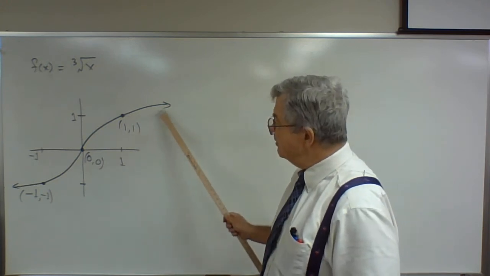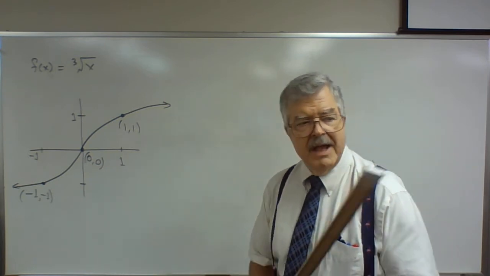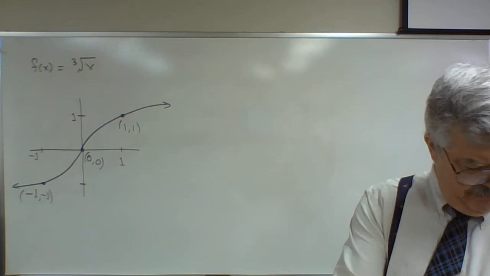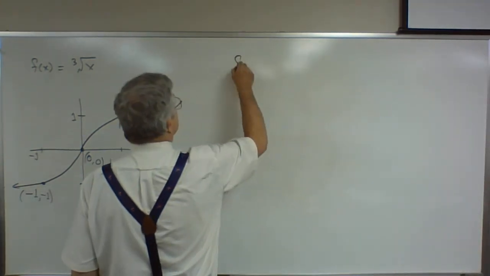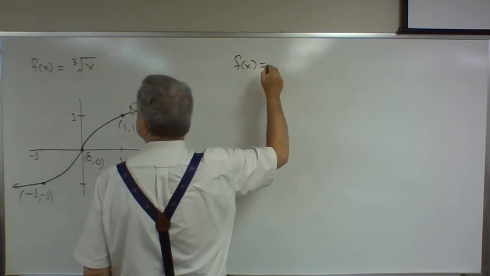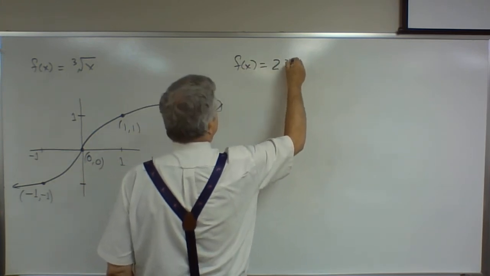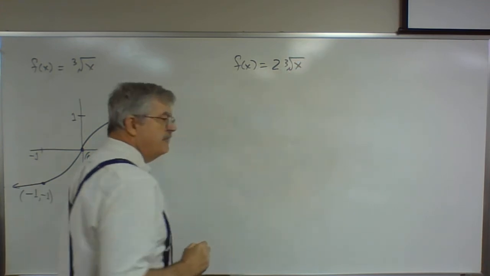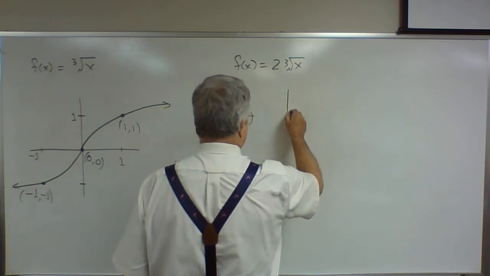And this is what the graph ends up looking like. Okay, let's do a variation on this graph. f of x equals 2 times the cube root of x.